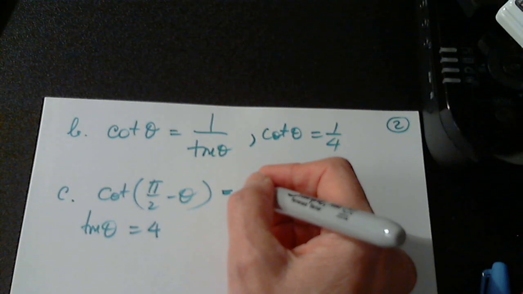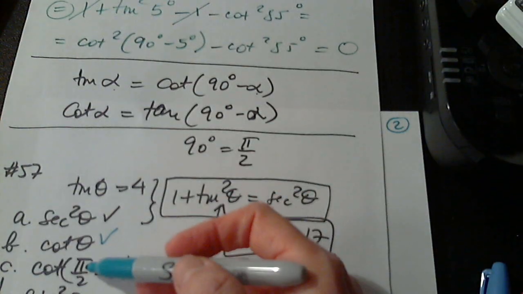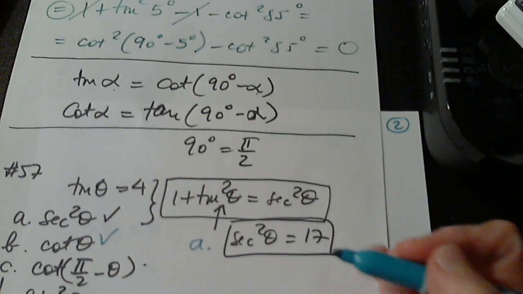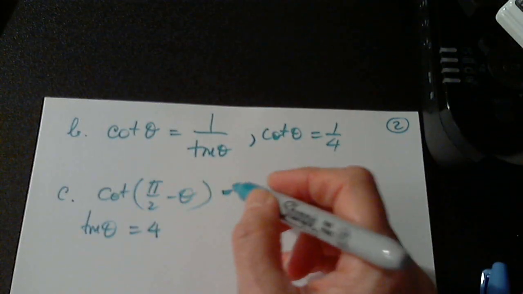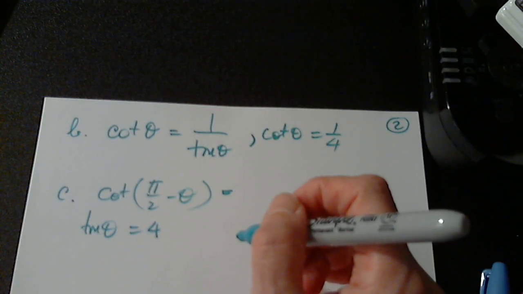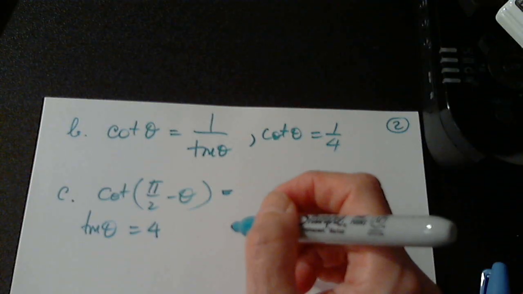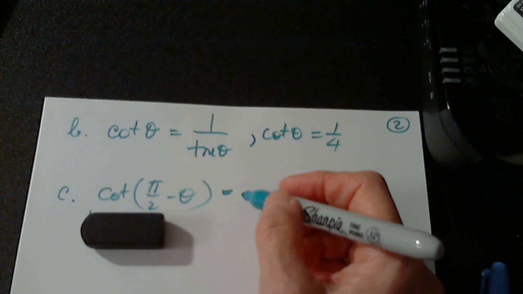Just cotangent of pi over 2 minus theta. Can anyone tell us what this equals, before we even look at the number? Please give it a shot.